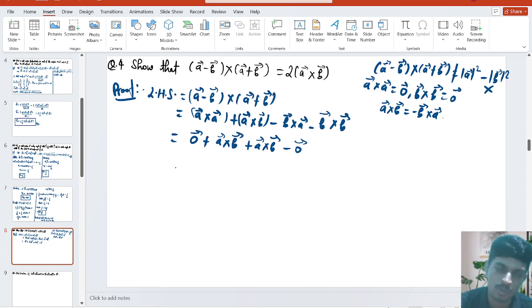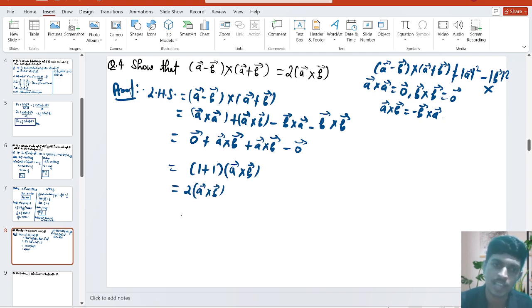Adding a vector with the zero vector, it remains the same vector. We take vector A cross B common in both terms, so 1 plus 1 becomes 2 of vector A cross vector B. I hope it is clear to you. So this is the right hand side, hence proved.